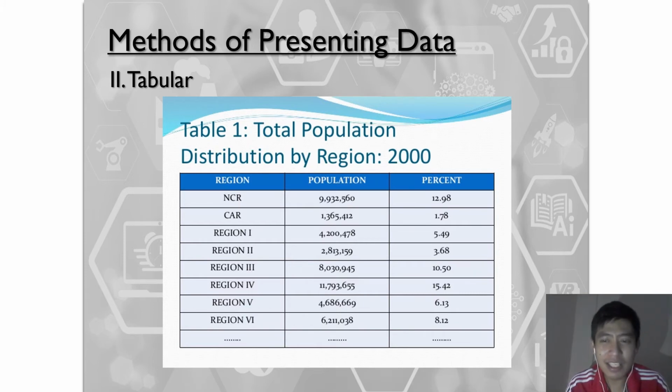So as you can see in this situation, we have the region, we have the population, and we have the percentage. Based on this interpretation, the highest distribution per population is 15% from region 4, followed by NCR. This is from year 2000.